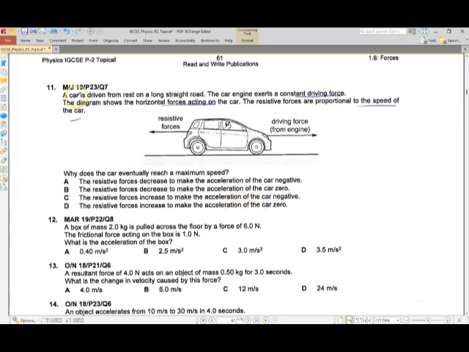Now what is happening over here? We know that as the car accelerates, its speed also increases. Okay, we've established that many times. If the speed increases, the resistive forces acting on it increase as well. Increase in speed is also proportional to increase in the resistive forces.